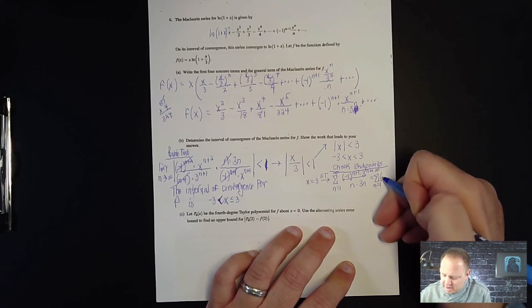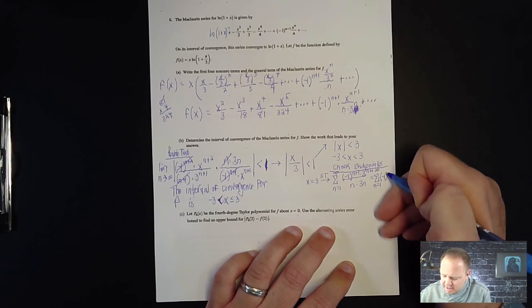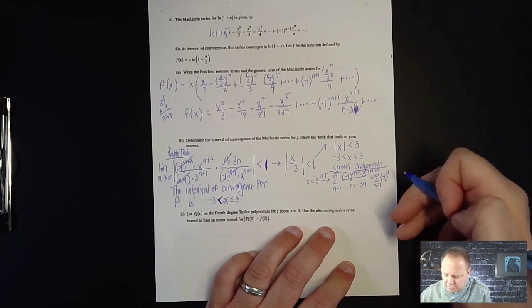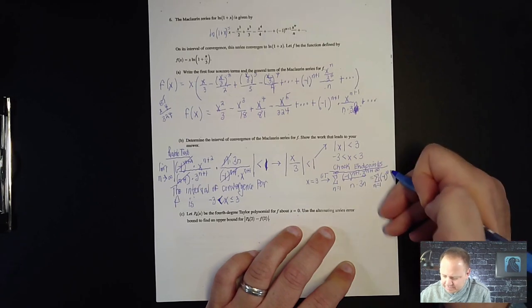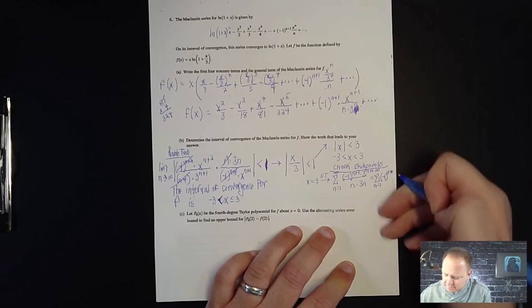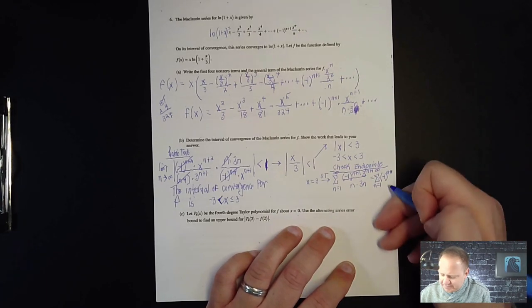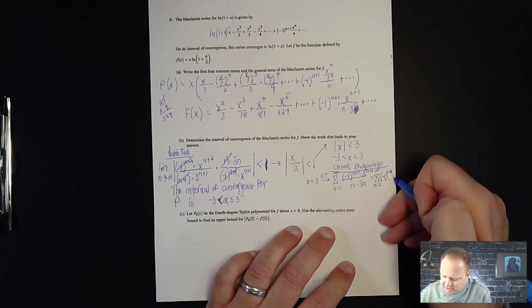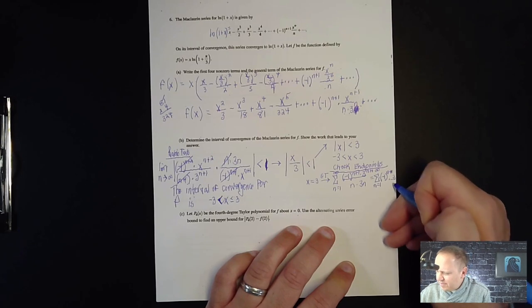So that would be negative 1 to the n plus 1, all times 3 all over n.